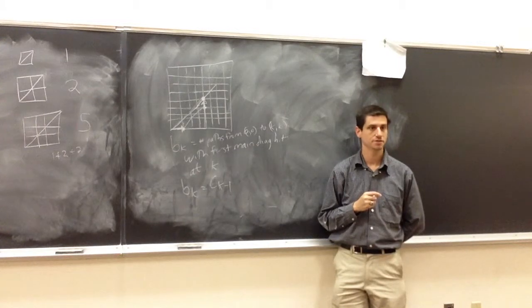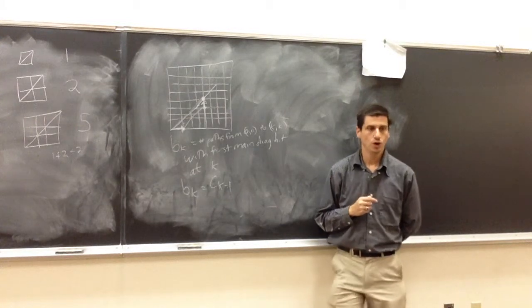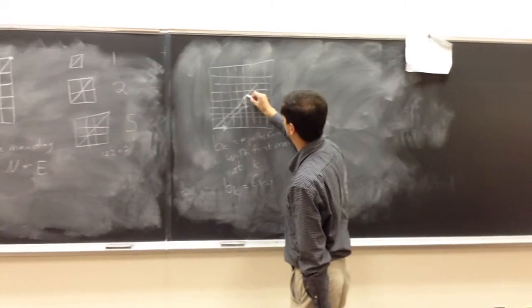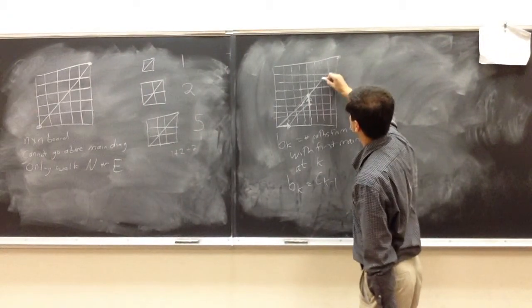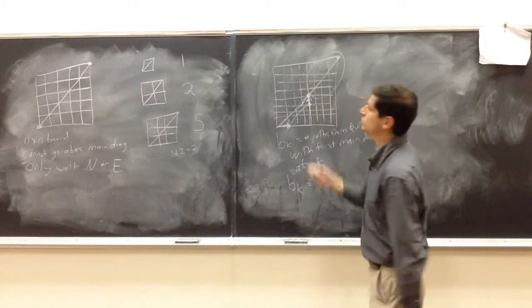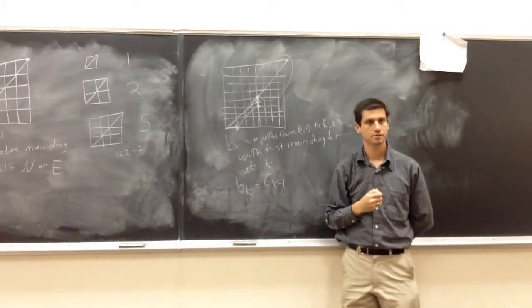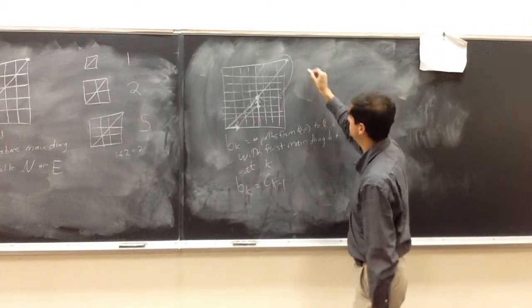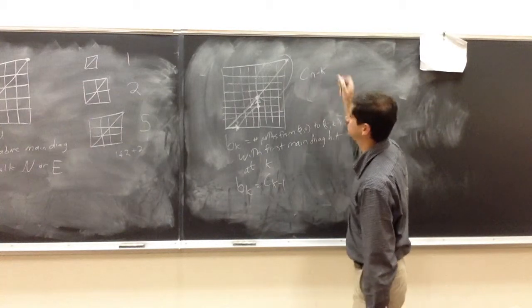That's very nice. And now, how many ways are there to get from here to here? So I need to choose legal paths in there. That's going to be c_{n-k}.